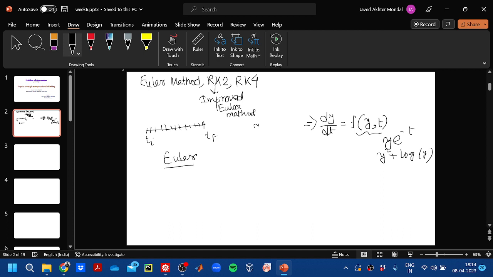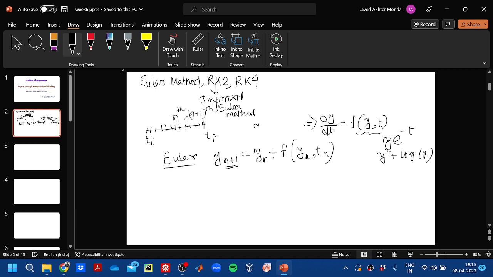The general scheme of the Euler method is y at n plus one. Suppose this is the nth point, and this is the n plus 1 point. Then y(n+1) equals yn plus h times the function evaluated at yn and tn. This is the Euler method.